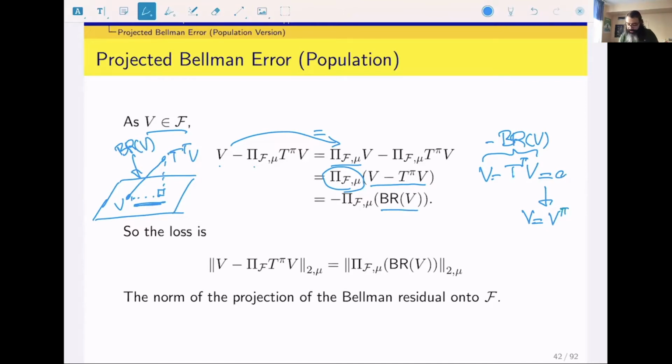So then the loss function V minus capital Pi T pi V can be written as the projection of the Bellman residual of V according to some L2 norm. Okay, so is this clear?